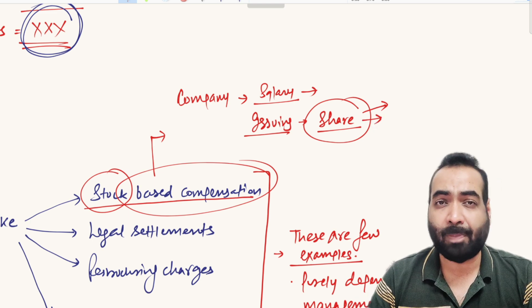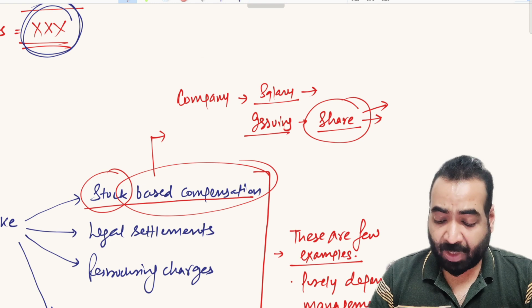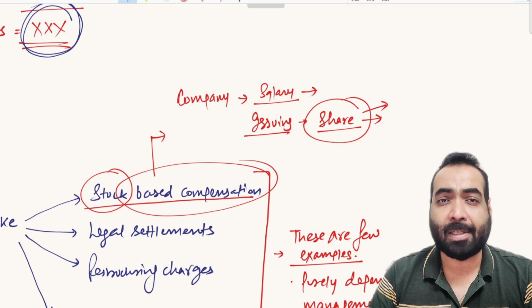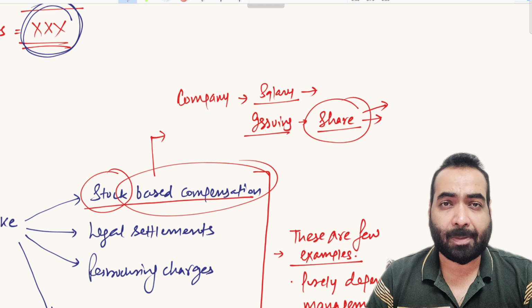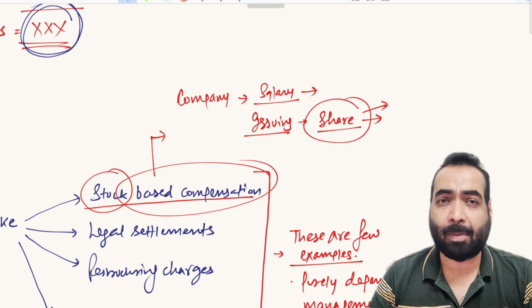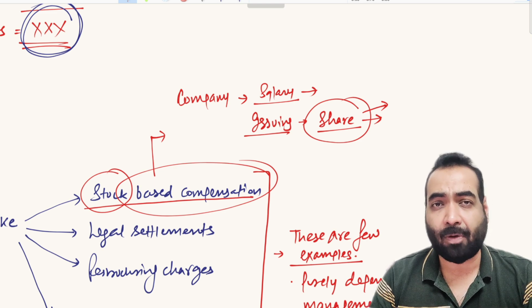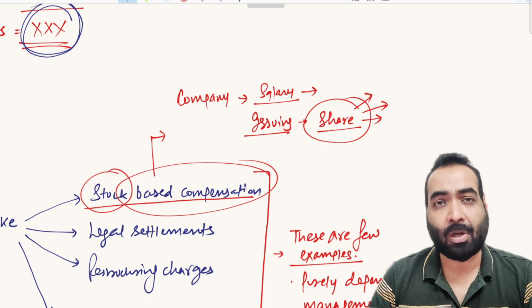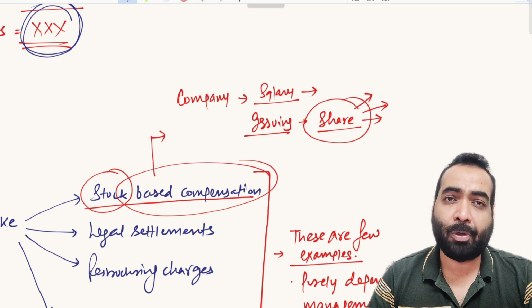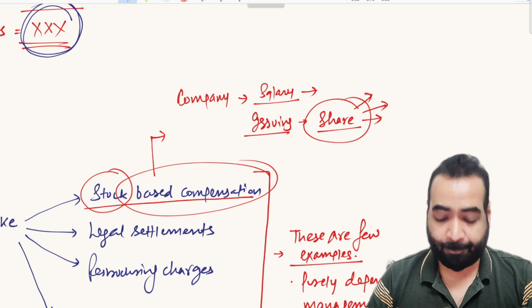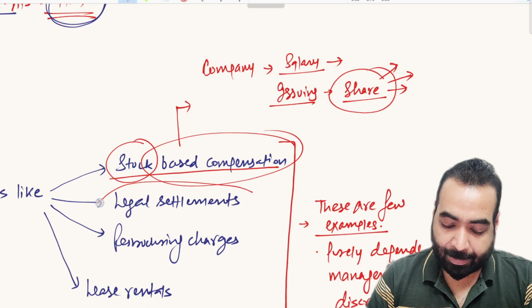You pay your employees by way of stock issuance, and this should be treated at par with the cash expense. But some analysts or managements are of the view that there is no cash outflow involved here, so this should be treated as a non-cash expense and added back while calculating the EBITDA, right?